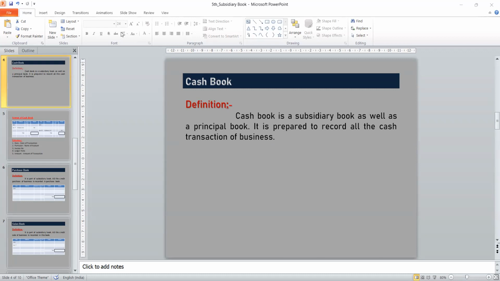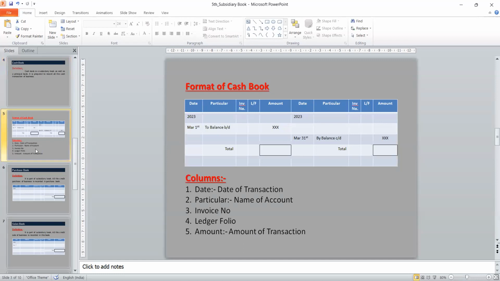I'm coming. Write this also. This is the format. I'm done, sir, with the definition.